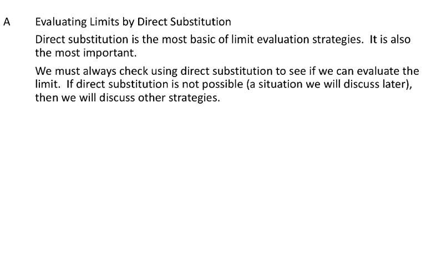So the first basic method is direct substitution. This is a method that we actually always do no matter which strategy we're using for evaluating limits. We just don't always use it explicitly. Sometimes we'll use it as a step 1 to see what step 2 has to be. Sometimes it is the end.